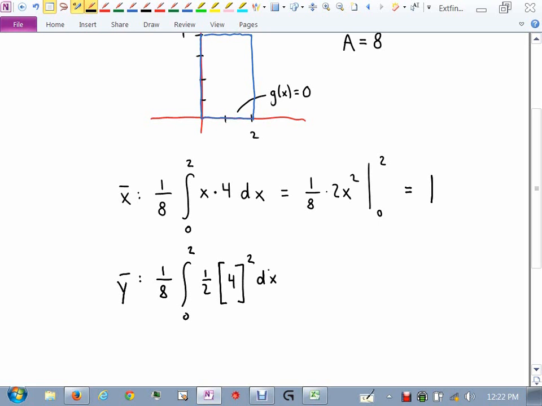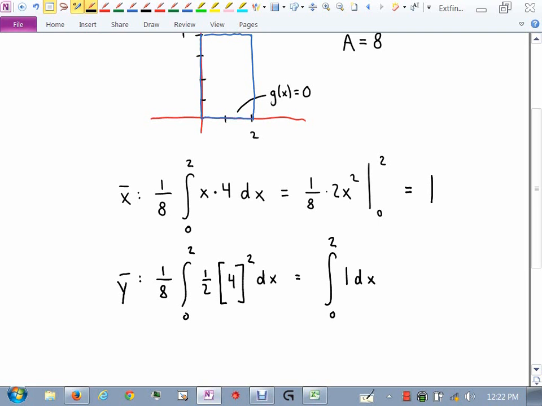Take that 8 out, and it cancels with the 8 out there, right? So all we get is the integral from 0 to 2 of what was still in there? 1 dx, right? We don't have an x in there?